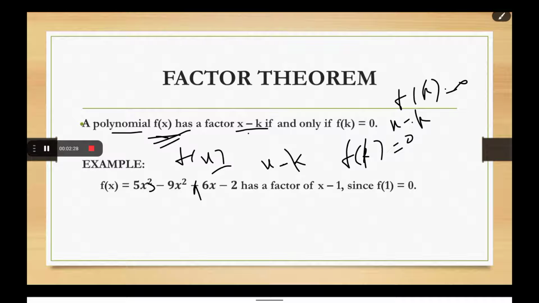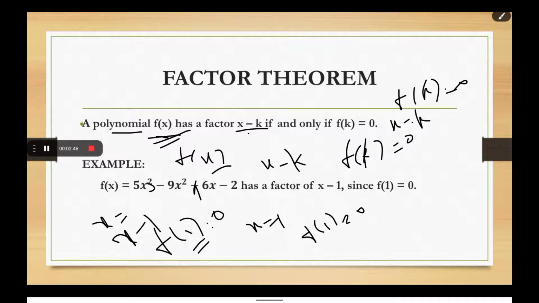According to the factor theorem, we can write f of 1 equals 0. If we put x equal to 1 into this polynomial, you get the answer f of 1 equals 0. Here the factor is x minus 1, that is x equals 1. I hope you understand this.